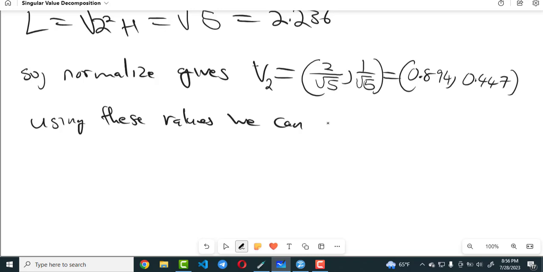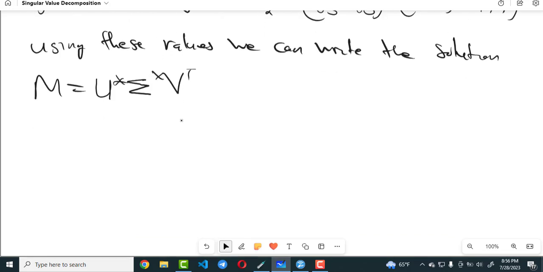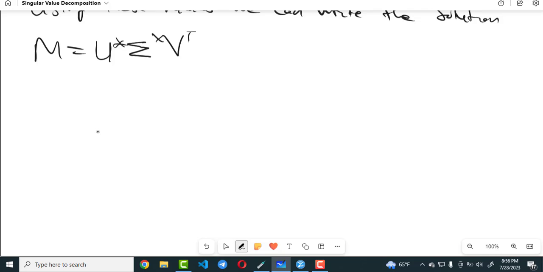So now, to conclude our lesson, using these values we can write the solution. We can write the solution for our matrix M as equal to U times our sigma times our transposed matrix.